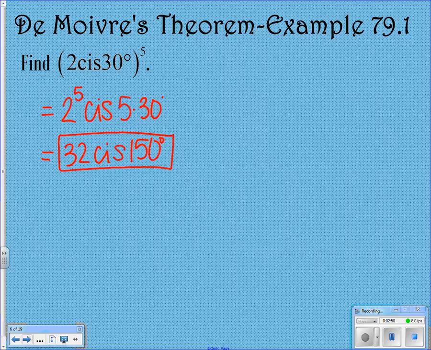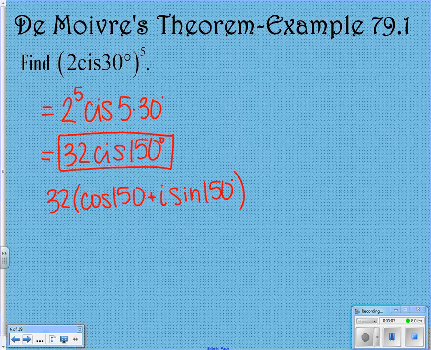Now sometimes they ask you to put it into rectangular form. So I'm going to practice that with you just so that you can see what you would do. You're going to say 32, and then you're going to have the cosine of 150 plus i sine of 150. And so the cosine of 150, anybody remember?